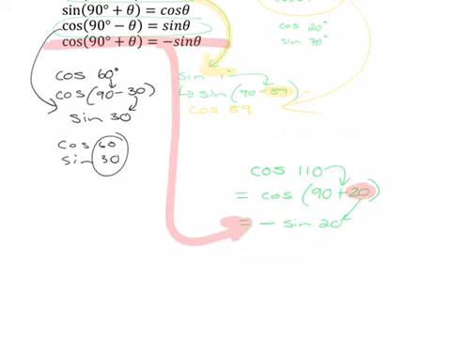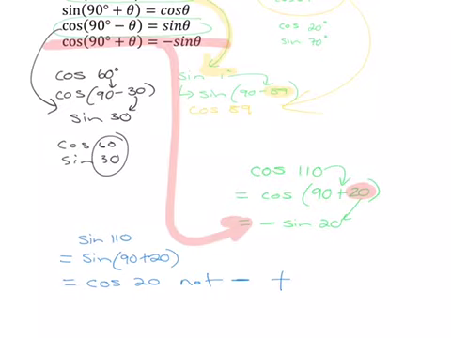If you had sine 90 plus, so let's say sine of 110, it's the same as saying sine 90 plus 20, which will just be cos of 20, not negative, but positive. Again, we'll come back to it in the functions.